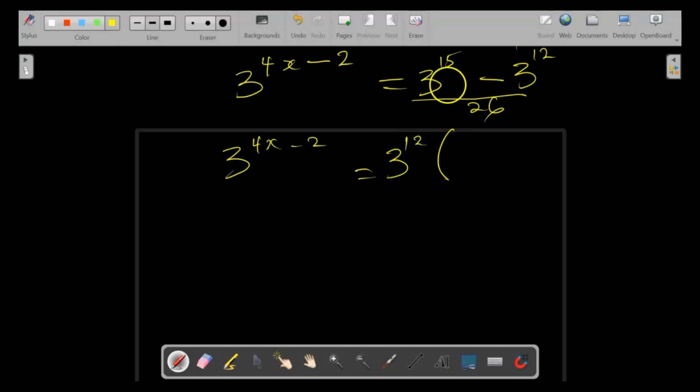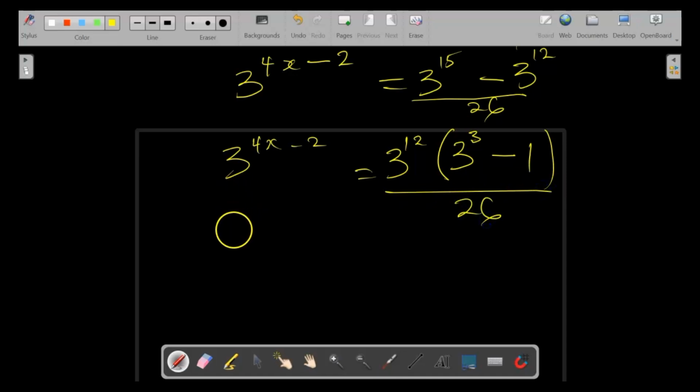Then 3 raised to the power 15 divided by 3 raised to the power 12 gives 3 raised to the power of 3, minus 3 raised to the power 12 divided by 3 raised to the power 12, we have 1, everything over 26. So we have 3 raised to the power of 4x minus 2 to be equal to 3 raised to the power of 12.